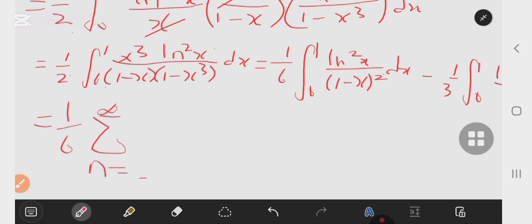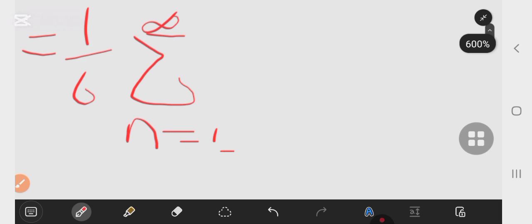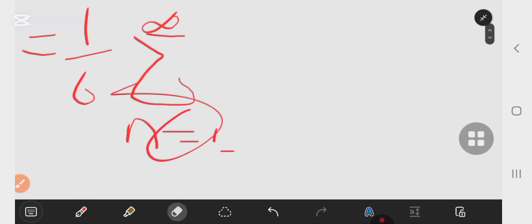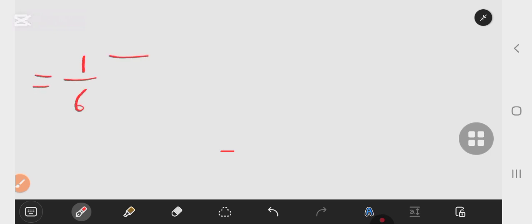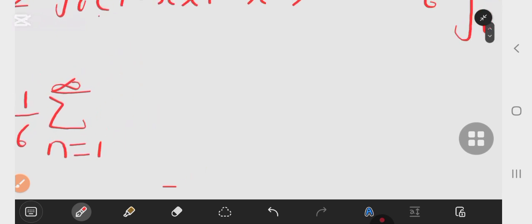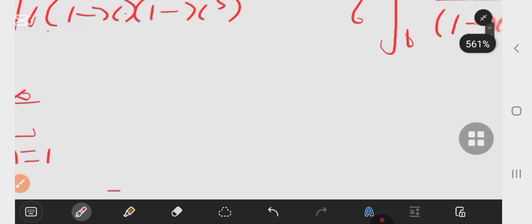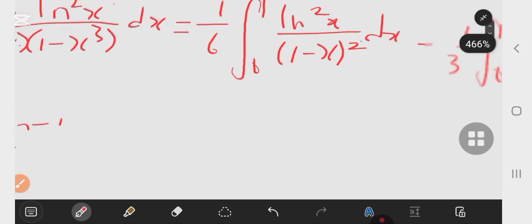Sorry, this is 1/6 of the sum to infinity of n starting from 1 of, now instead of writing n x to the power of n minus 1 alone, now x is not alone, it is inside this integral, so I'll bring in my integral now.